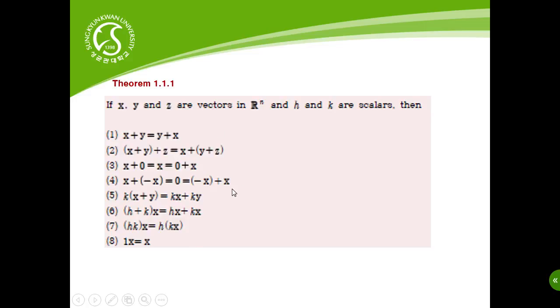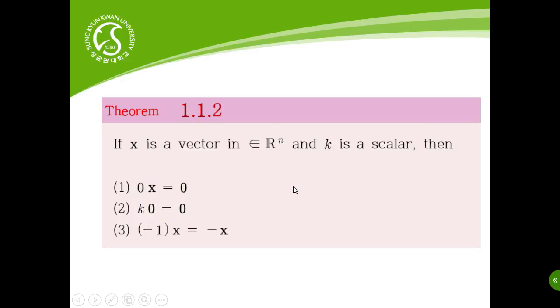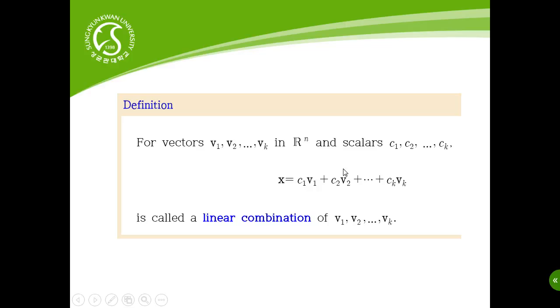And the properties of the vectors are generalized for the vectors in Rn, but the properties are all the same as what you learned in high school years. And the property of zero vectors. And I think this is the first concept that you should know: linear combination of given k vectors.